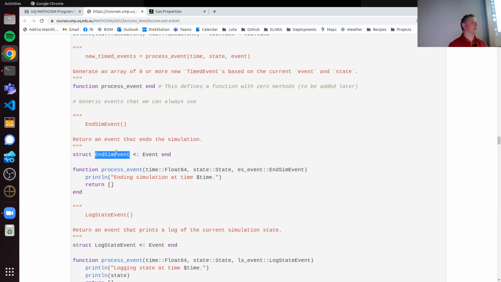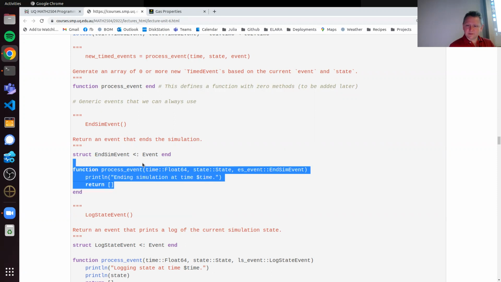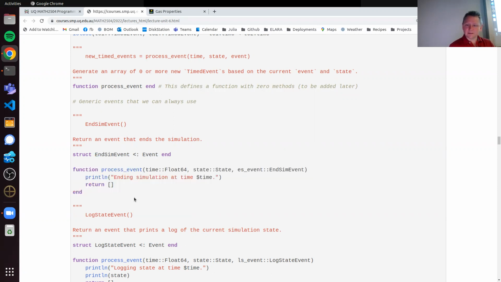You might say at the start of the simulation, I run for 100 hours, or you might be waiting for something to occur, and then when that occurs, you might end the simulation immediately. This makes it a lot more flexible, and so we do define processEvent for that, and it produces some logging and an empty array of no events.